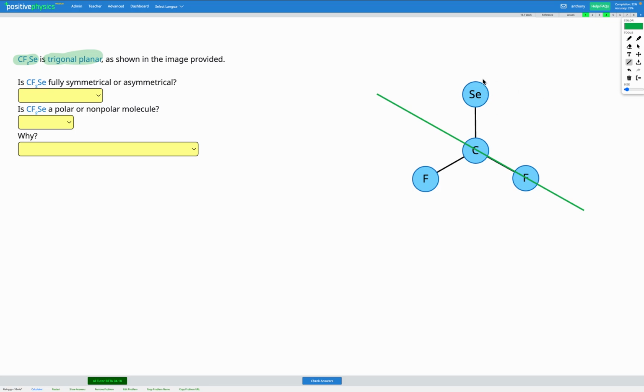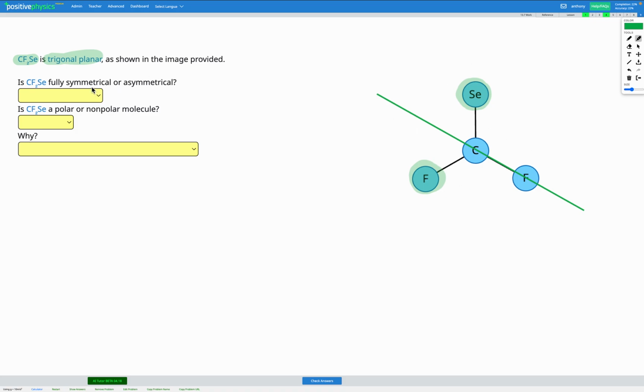But if we actually look at what the atoms are, here we've got an Se atom, and here we've got an F atom. Now, these atoms are going to have different electronegativities. So we're going to have different dipole moments on each of these bonds. And as a result, this is actually an asymmetrical molecule.